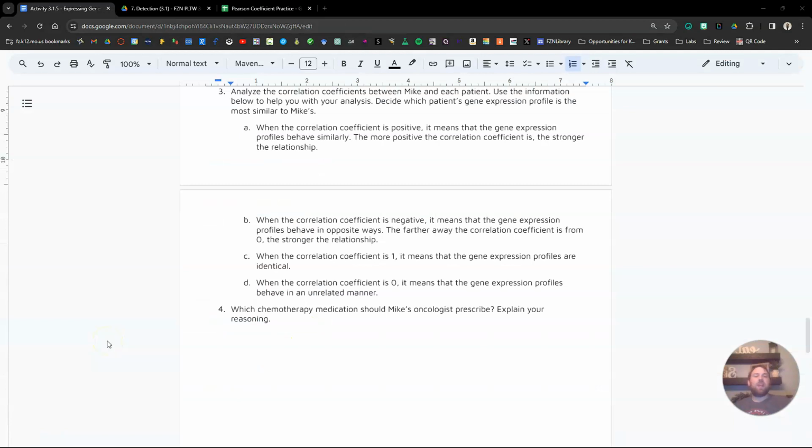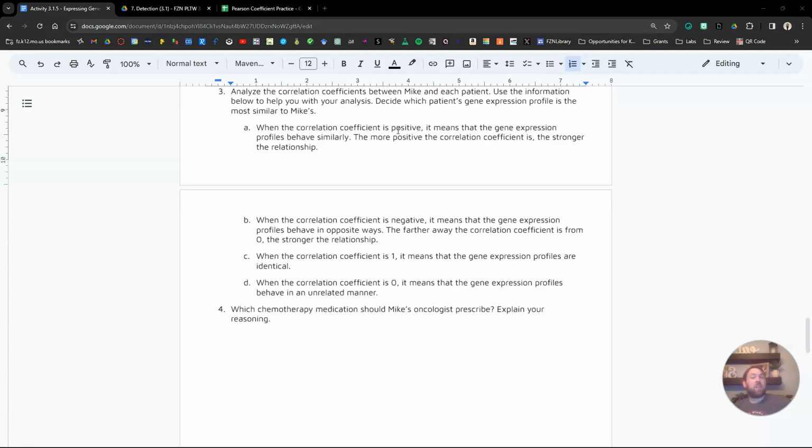So in steps 3 and 4 in part 3 of 315, it is asking you simply to analyze what we just did. And we just analyzed it together, so spoiler alert for you, sorry. To recap what's going on, when we calculated those correlation coefficients, when it's positive, it means that the gene expression profiles behave in a similar way.